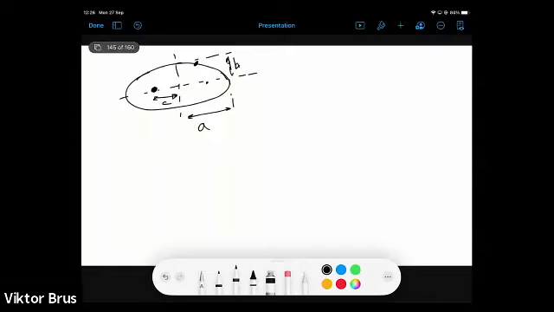It's a parameter E, which is equal to the ratio between C, the position of the focus from the center, divided by the semi-major axis, A. So if, for instance, we have a case when this eccentricity is equal to 0, it means that C is equal to 0.